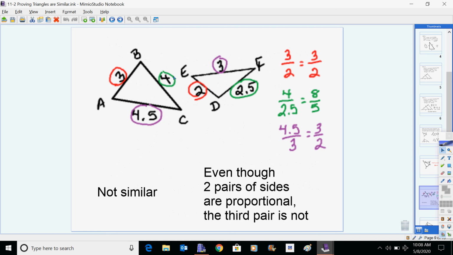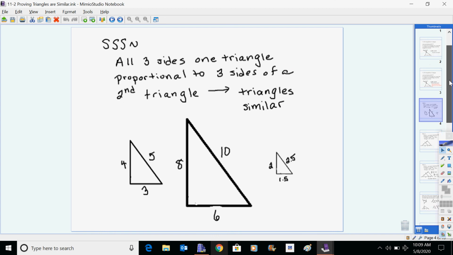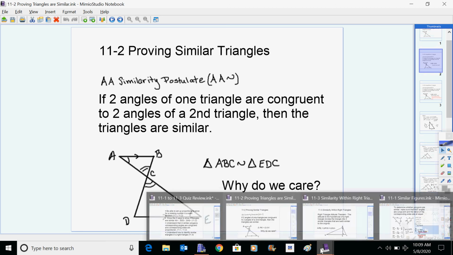Or you might compare all the sides and find that they aren't similar, or that they are similar by the side-side-side scenario. And if you know that you have 2 angles congruent, then the whole triangles are similar. Make sure you know about those things.